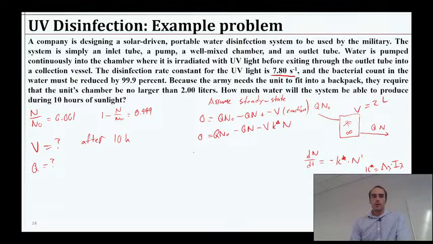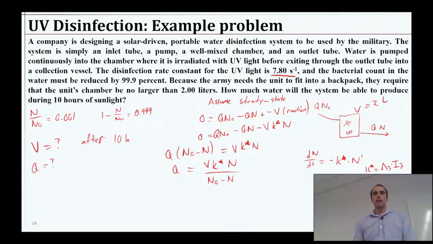So let's go ahead and get Q by itself. We'll say Q times N naught minus N is going to be equal to, I just add the V k star N to both sides. Q will be equal to V k star times N divided by N naught minus N. Now, the N's are going to be a little annoying.